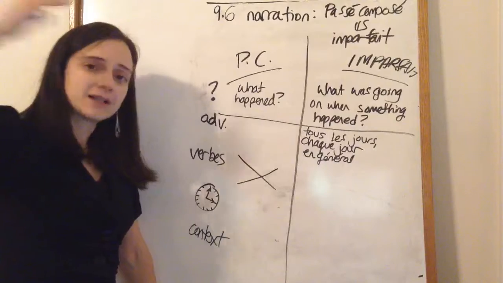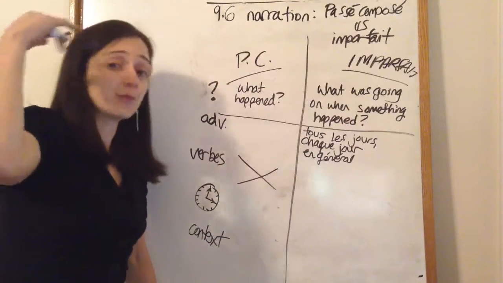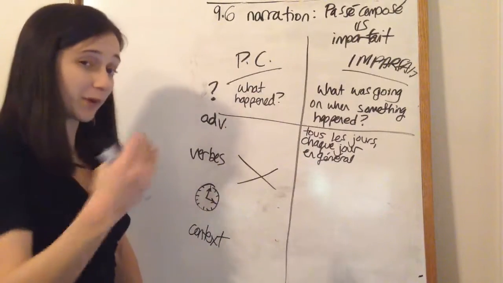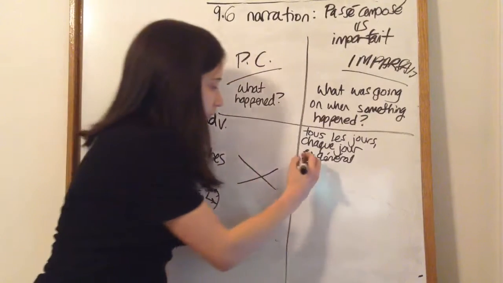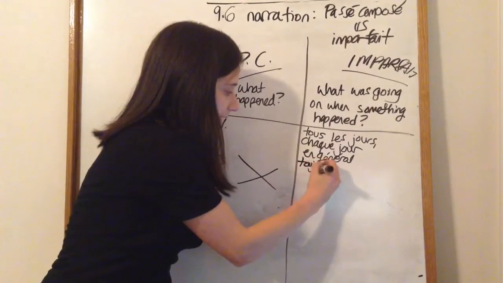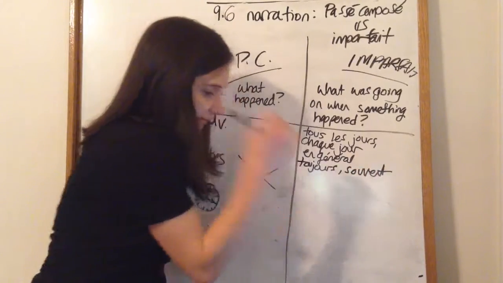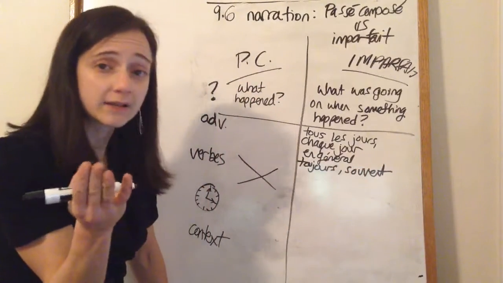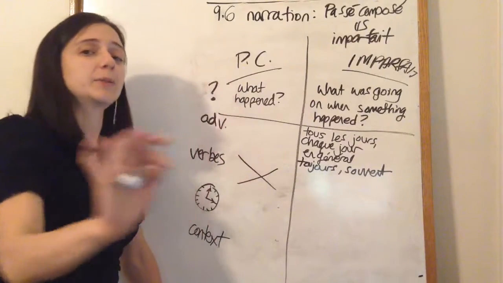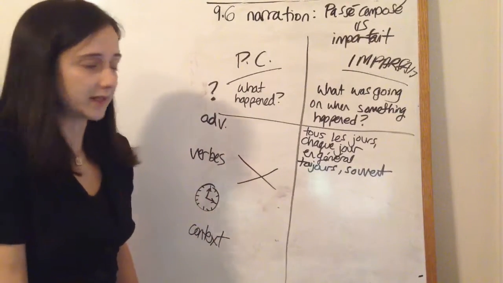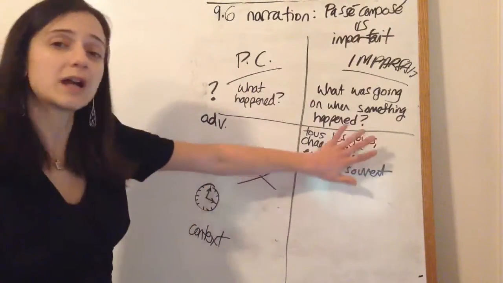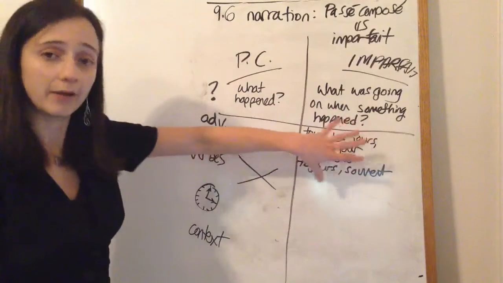Autrefois, à l'époque, at the time of, we're talking about, again, we're describing the past, that's what we're probably introducing here. Toujours, always, souvent, often, rarement, even rarely, but you're still describing something that repeated, it just happened to be repeating rarely. So those are adverbs that are going to be clues for imparfait.